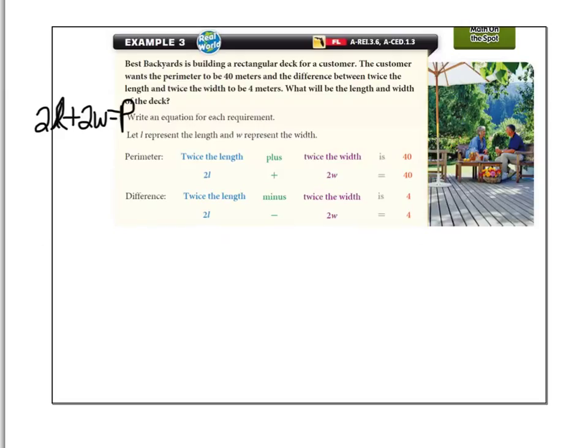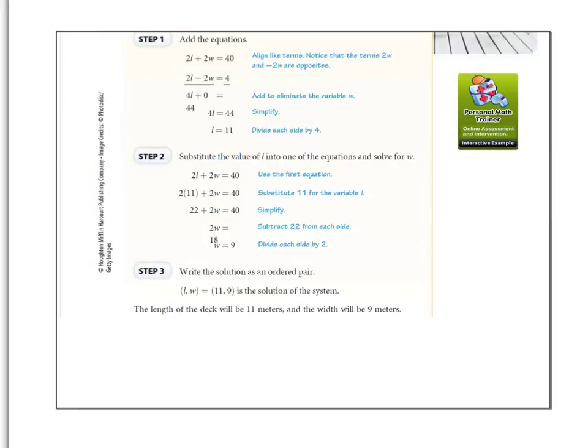So we take those two equations, we look for our opposites, which in this case, hopefully you notice the widths are what's going to eliminate here. So here they eliminated. So we were left with 4L equals 44, which means you have a length of 11. And then you plug it into either equation to find your width, which here it was 9. And again, you can always go back and look through these steps since this is in your workbook.